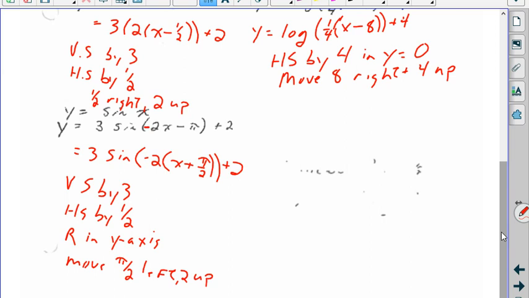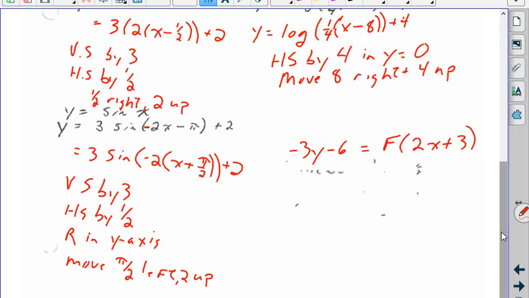Now I want to put one more on here. Okay, so in this case, neither of them are factored. Right?